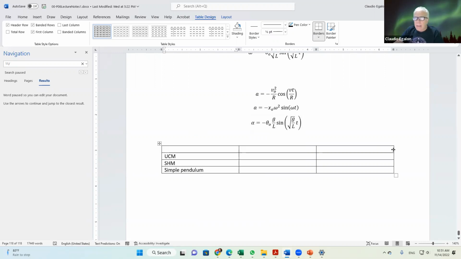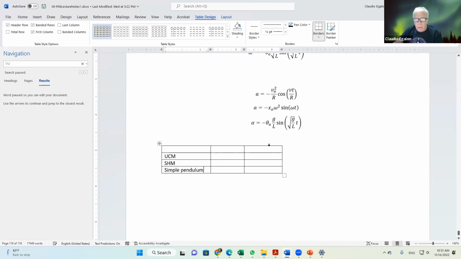Tables are really nice if a table is well done, of course, right? Position, velocity, acceleration.